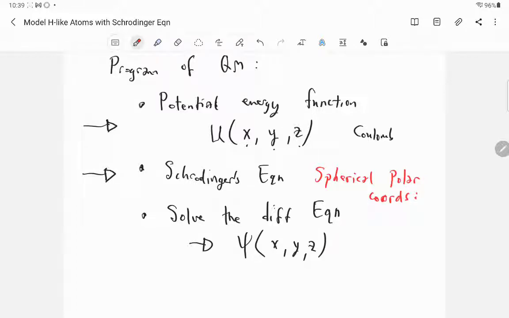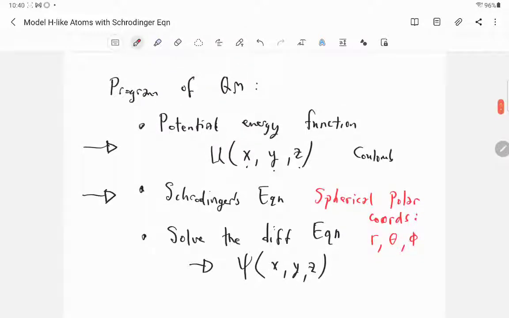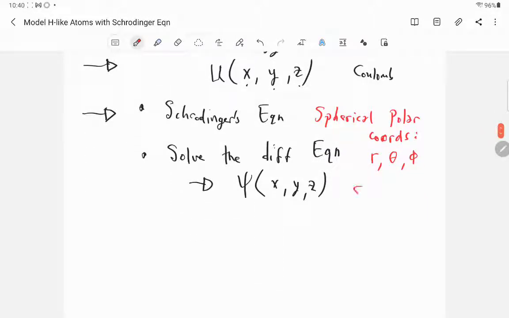So instead of x, y, z, we're going to use r, theta, and phi, which I hope you have some experience with. Schrodinger's equation, it turns out, is solvable in a somewhat transparent way in spherical polar coordinates. In particular, Schrodinger's equation for the hydrogen-like atoms is not separable in rectangular coordinates x, y, z, but it is separable in spherical polar coordinates, right? So let me put that word down.